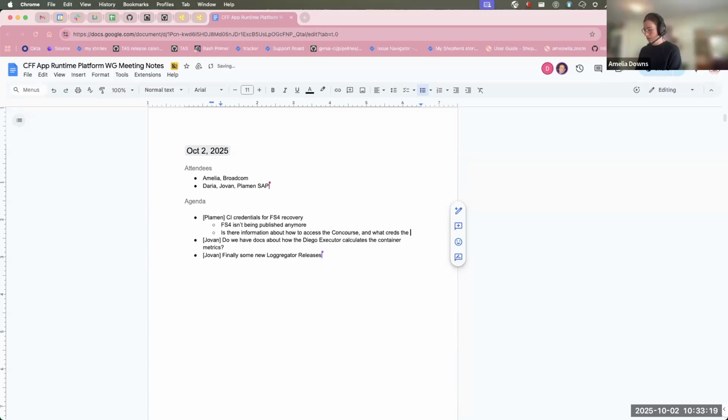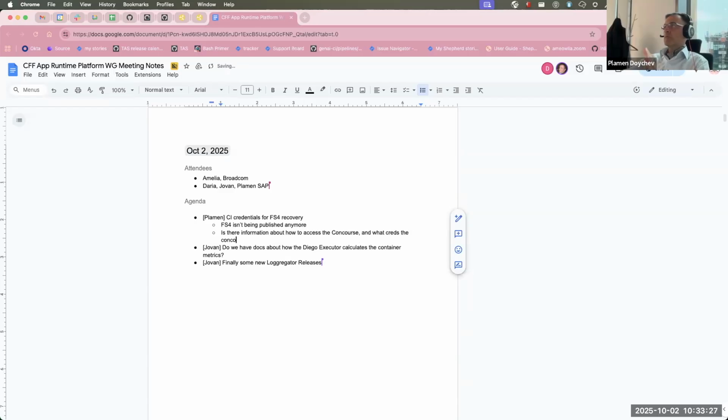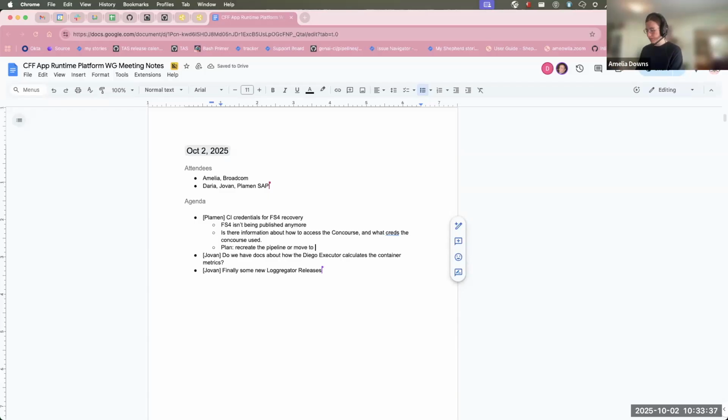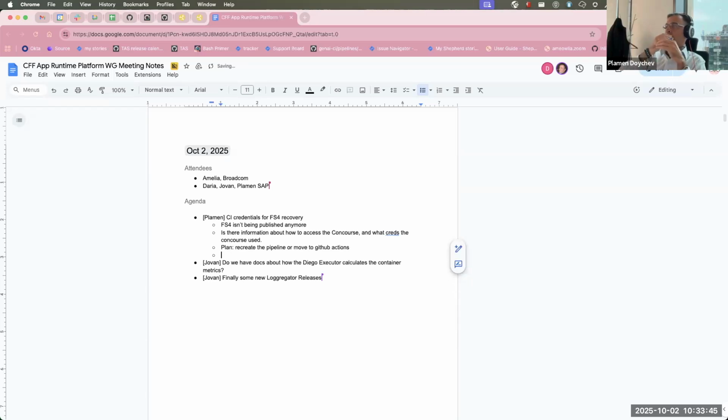For GitHub Actions, most probably we'll also need credentials for GCP accounts, etc. Most probably something I can sync with Bayhan, but right now we built FS5 with GitHub Actions, and it's easy for us to adapt the FS5 GitHub Actions towards FS4, but we will also need credentials. At least for now, our preferred option for FS4 is to use the Concourse pipeline.